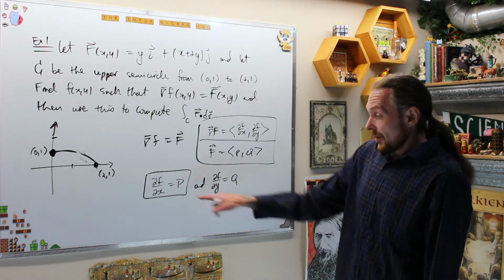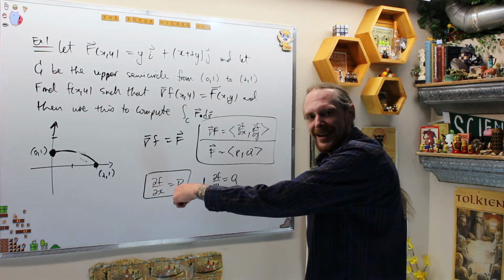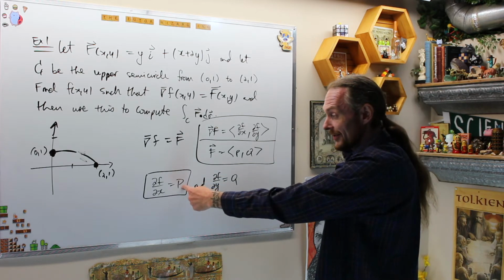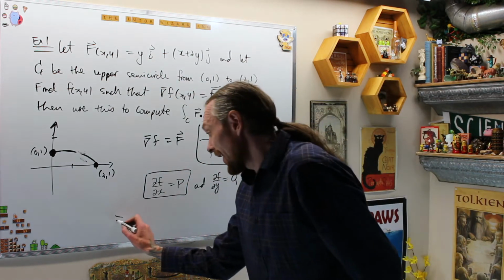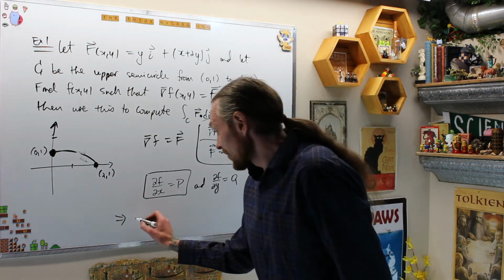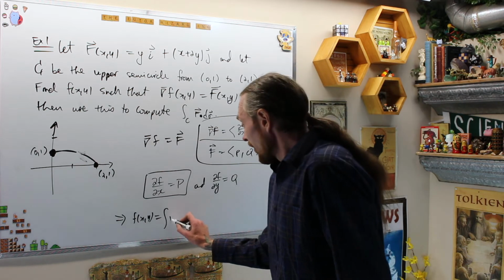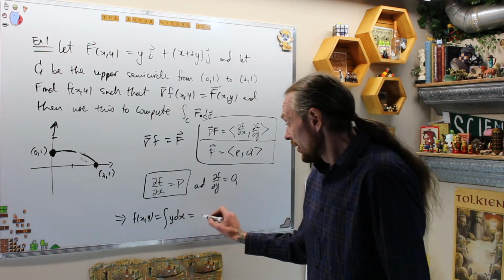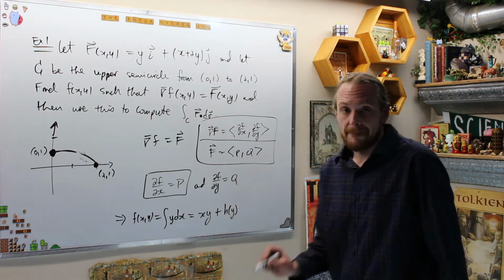For now, we'll start with this guy, x. If I integrate this with respect to x, I'm going to get f back on the left-hand side, and then I'll get the integral of p, specifically for us, this guy. Therefore f of xy is going to equal the integral of y dx, which is equal to xy plus a function of y.